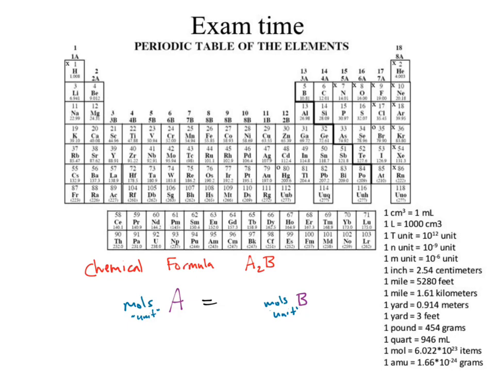This is moles and moles, not the periodic table. Literally, what did I just write? The formula that says A to B. What does the 2 mean? There are 2 A's for every 1 B. The chemical formula gives me that relationship.